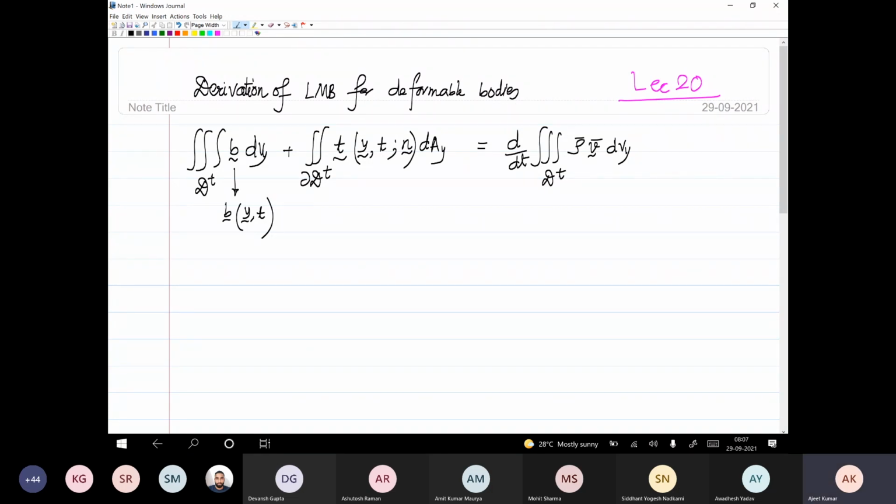So, one of the things we could do is, why don't we convert all the terms here into volume integrals? And then we say that since it's holding for every volume dt, the integrand must vanish. Right, that is called the localization argument. So our first task is to convert the surface integral into a volume integral.